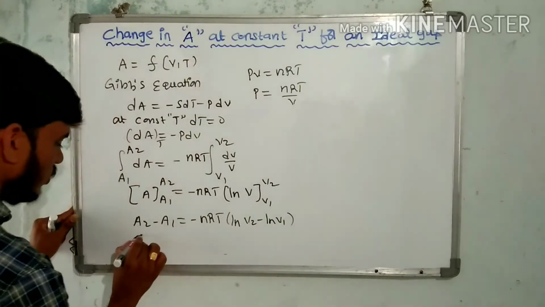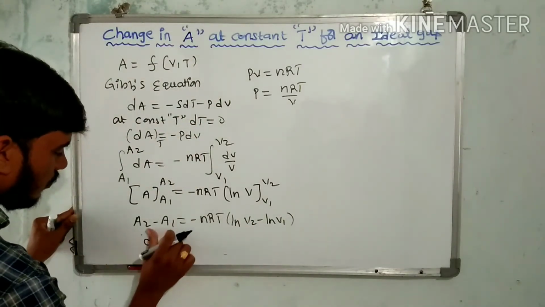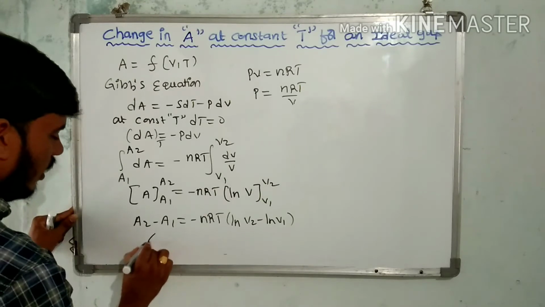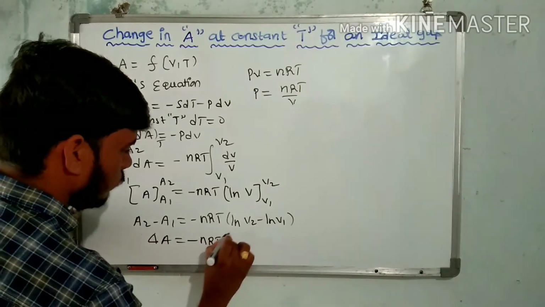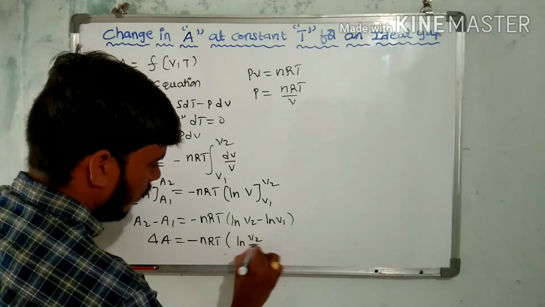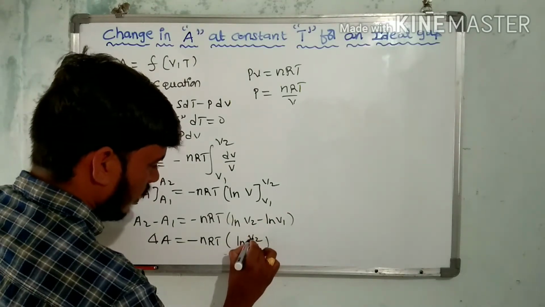This is the change in work function: delta A is equal to minus nRT ln V2 by V1.